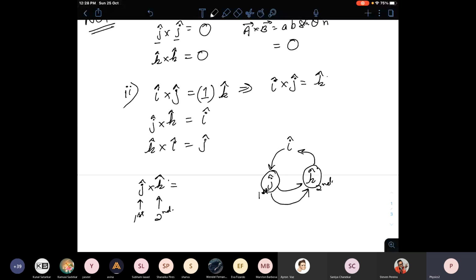The motion of the circle is anti-clockwise, and you are moving in anti-clockwise direction from first to second. So the answer will be plus, and the third remaining vector will be my final result, plus I cap.